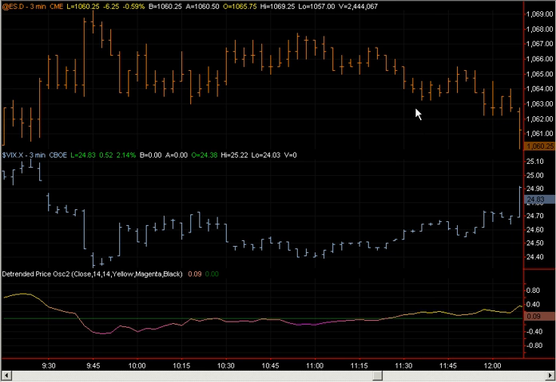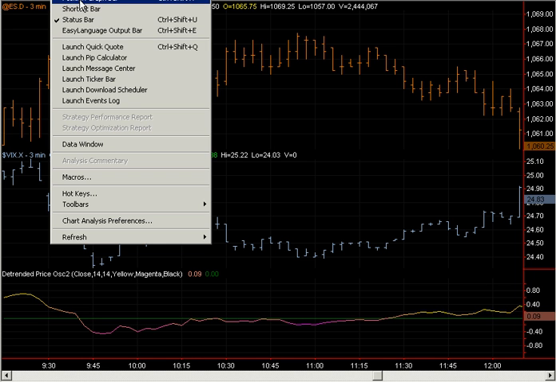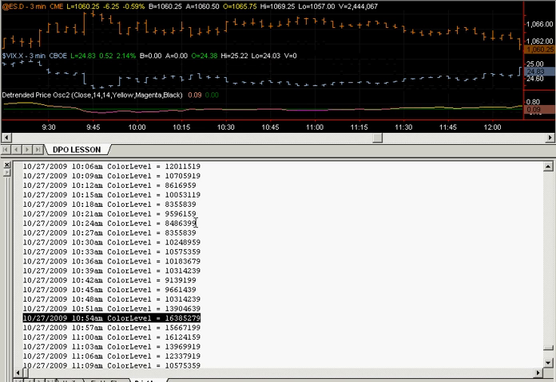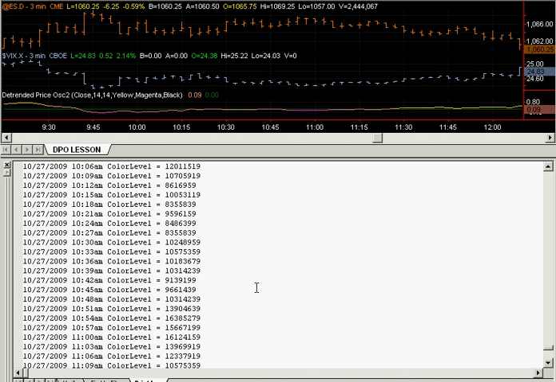Just by having that information. This is powerful, friends. And all you have to do is know what the color levels and the range of the DPO happen to be.